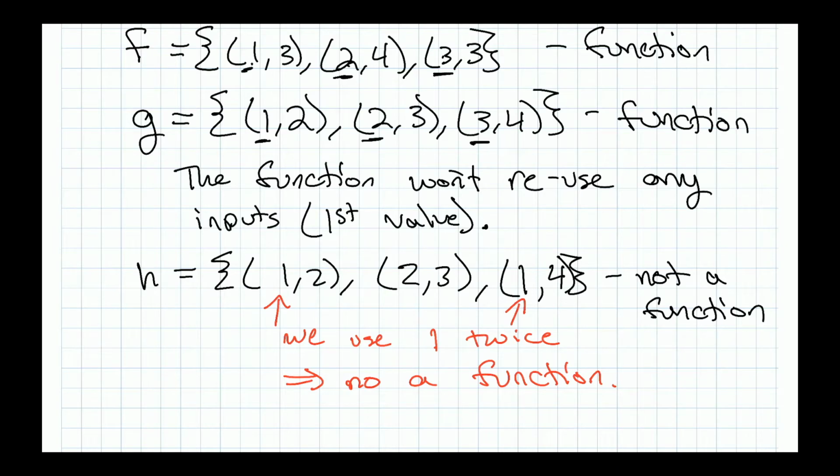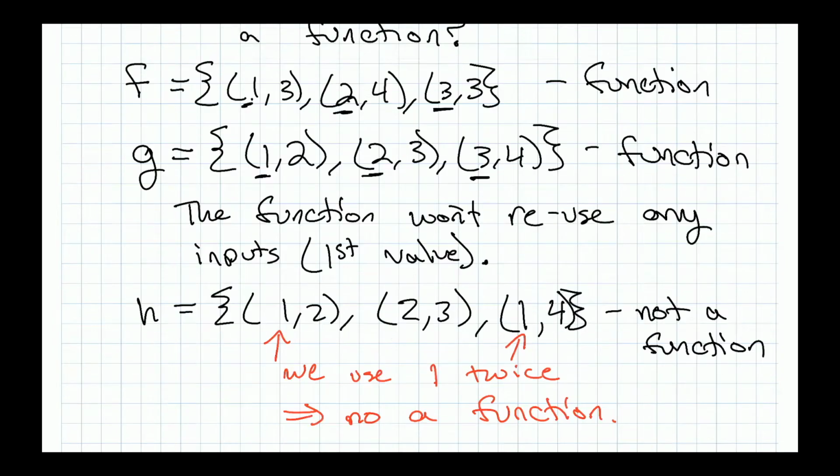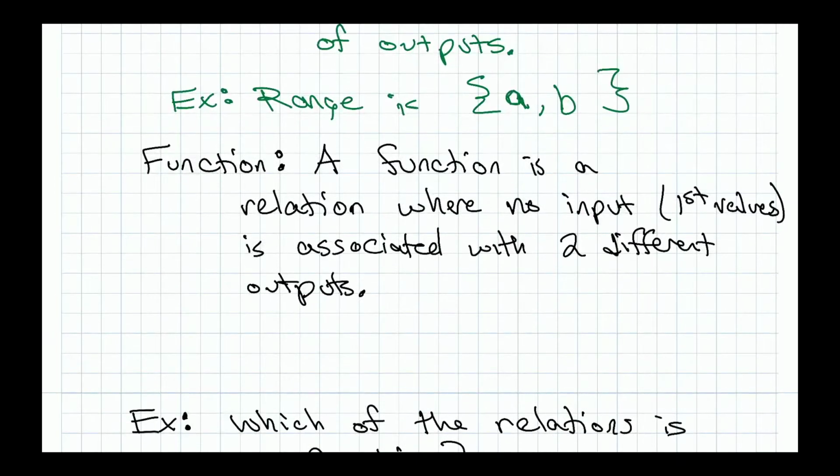Okay, and it's as simple as that. Now, the thing to keep in mind, though, is that we reuse the 1 twice, so it's not a function. But we're only looking at the first values, right? It says the function won't reuse any inputs, right? And up here, the definition says a function is a relation where no input is associated with 2 outputs. It's not the other way around.